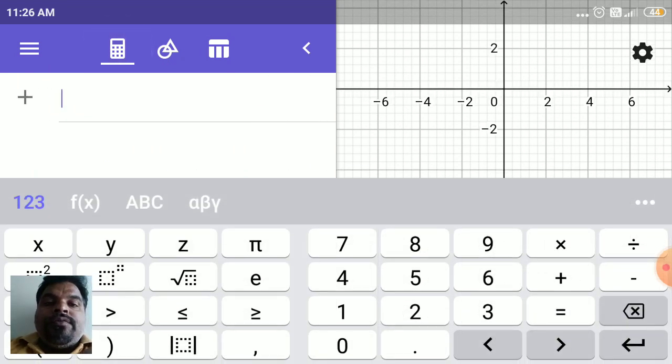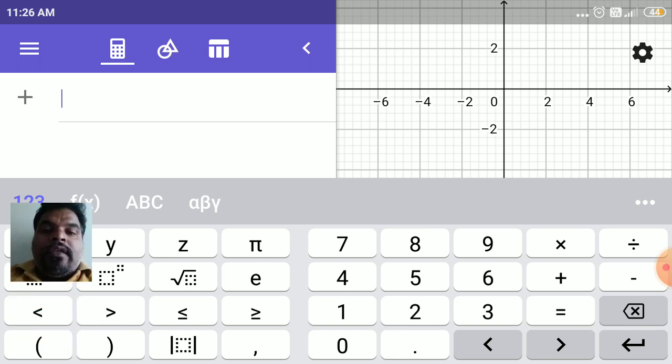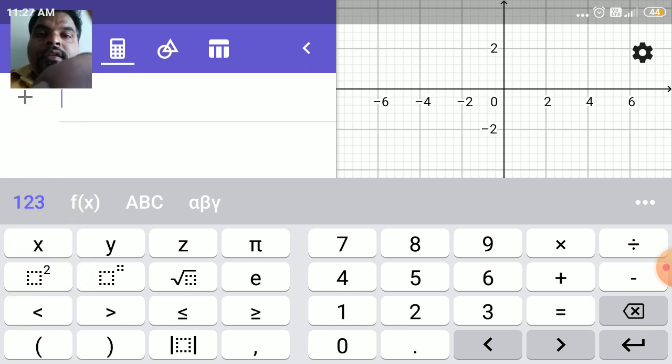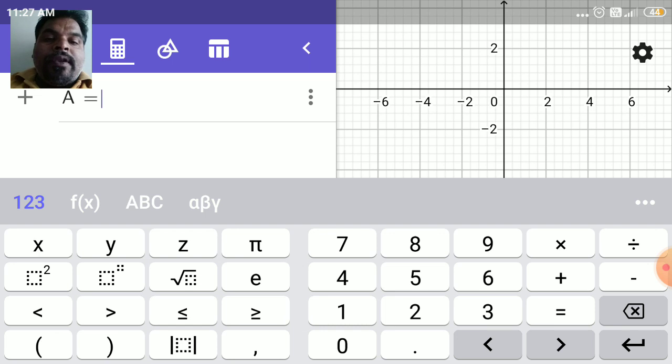Now put the first point A is equal to 0 comma 5.